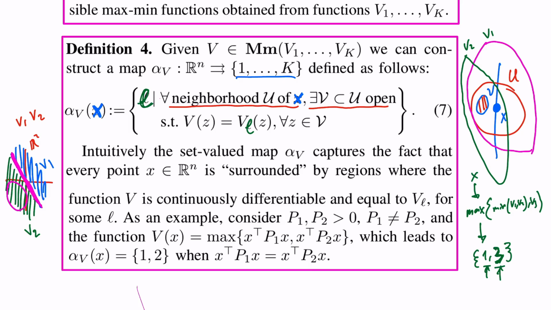When you look at the interior of those blue and green regions, alpha V for those regions would be a singleton, either 1 or 2. But for those boundary points, you would have something that is not a singleton.